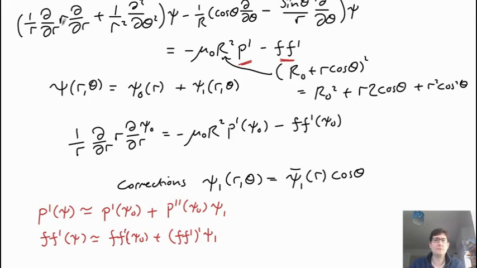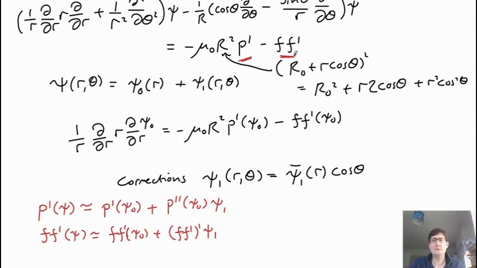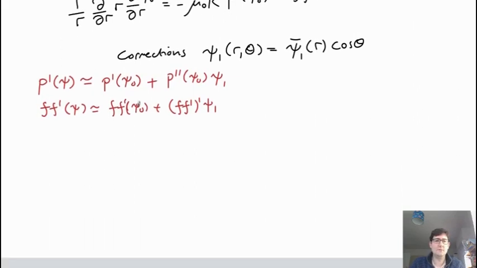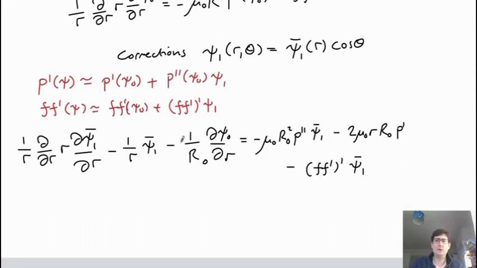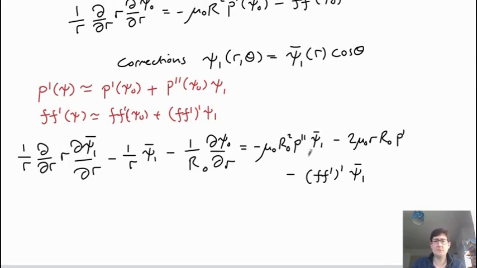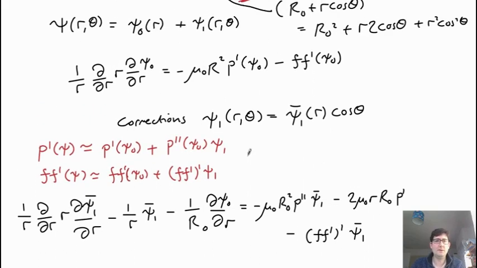And so you get a contribution from here with the psi 1 bar. This second derivative in theta will give a minus cos squared. You'll end up with a derivative here, which we'll see very shortly. So we can write out the whole thing. So here I've written out all the terms, but I haven't written cos theta everywhere because it would just make things a bit more messy. So this term comes from the second derivative in theta.